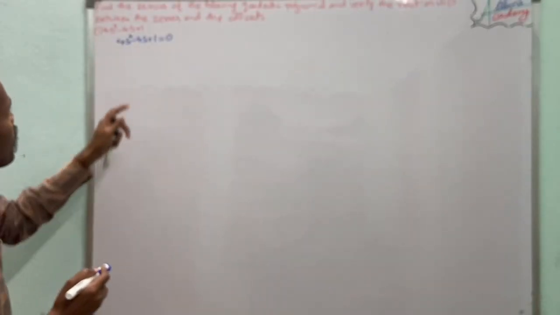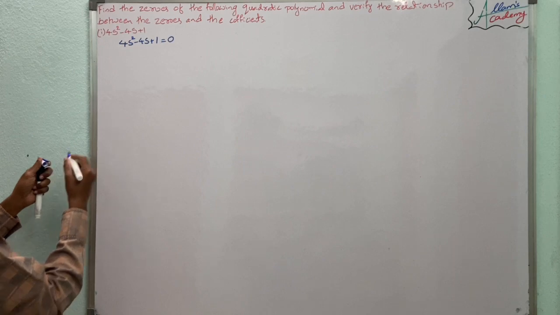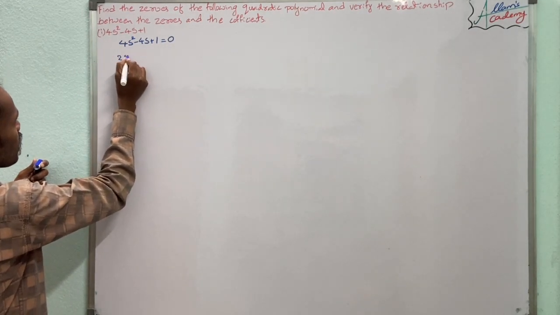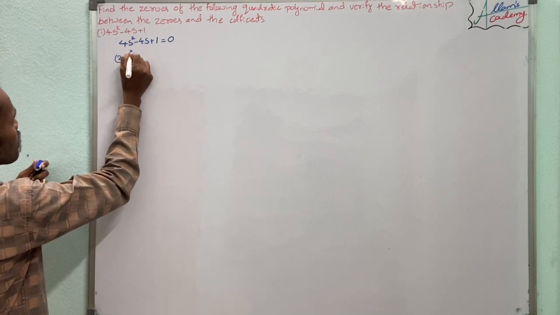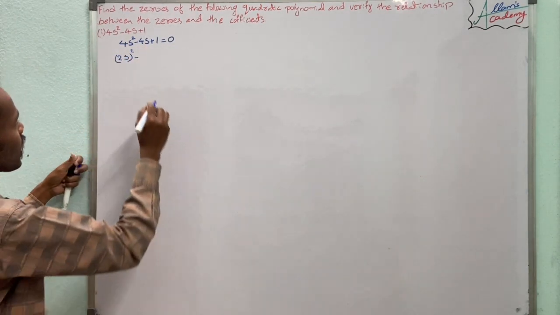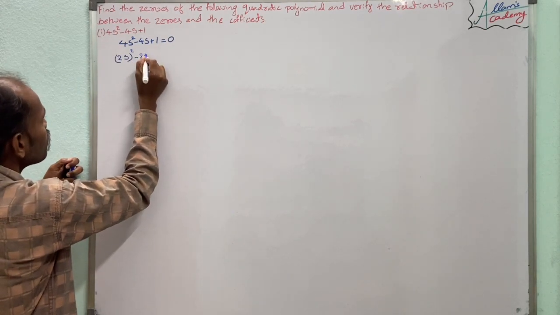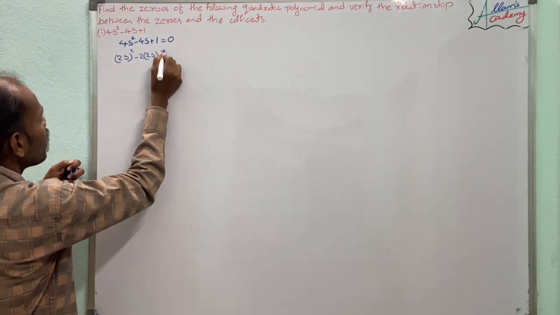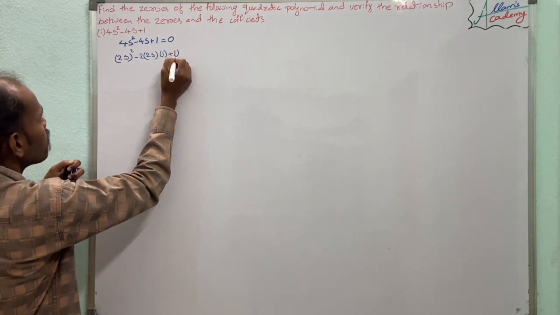Now 4s square we can write as 2 square s square, that is 2s whole square, and 4s we can write as 2 into 2s into 1. Plus 1 we can write as 1 square.